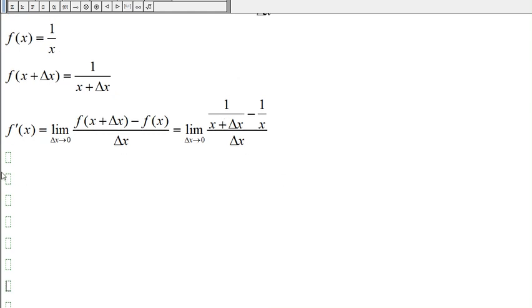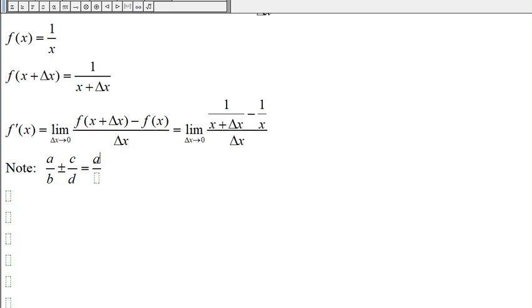And for subtracting and adding fractions, we can do this. If we have something like, let's say, a over b plus or minus c over d, then we can just cross multiply.